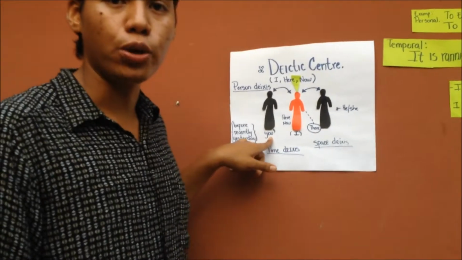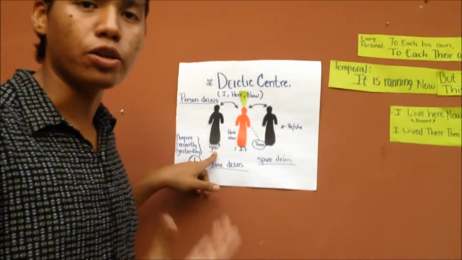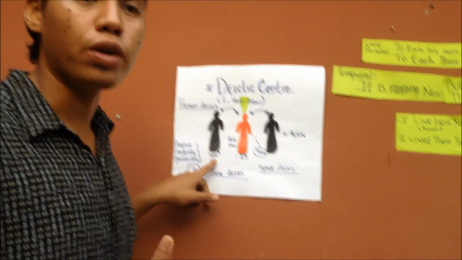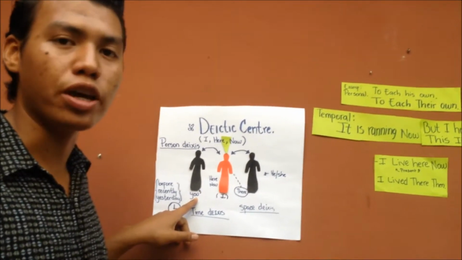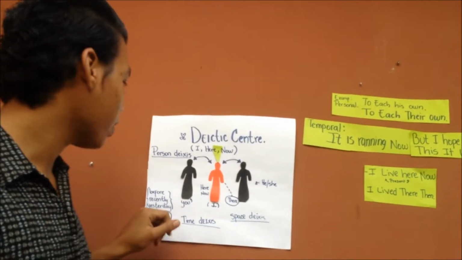For example, "you" is used as a pronoun, and in the sentence we can identify who the speaker is and what the speaker wants to refer to.